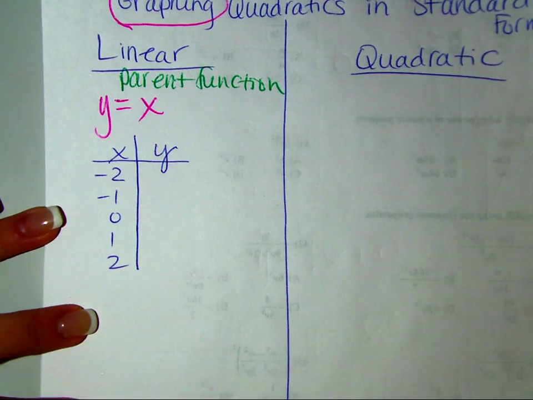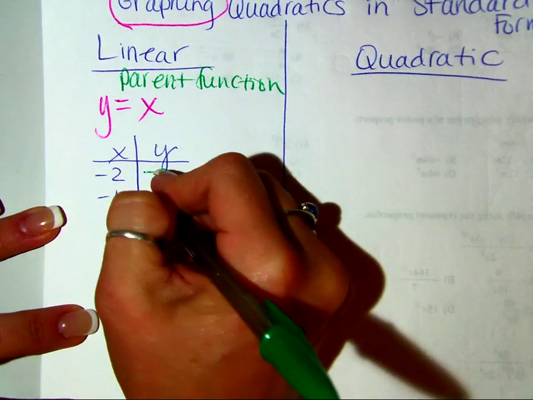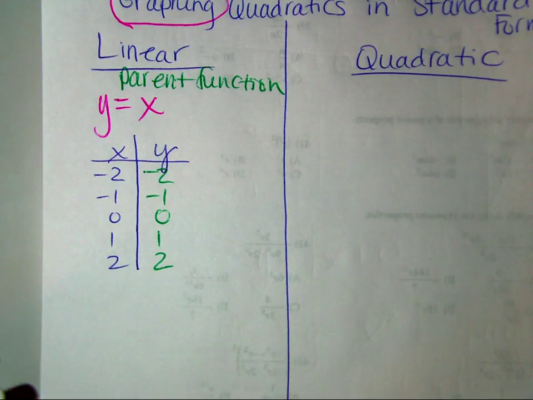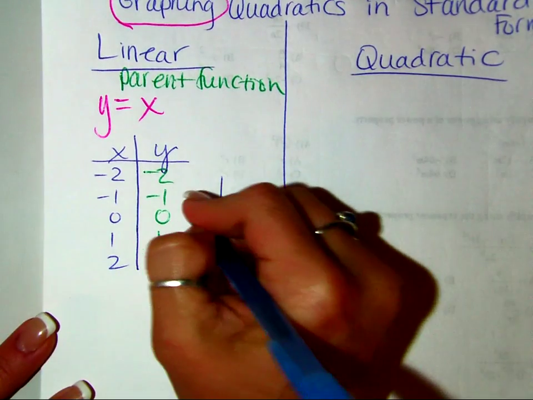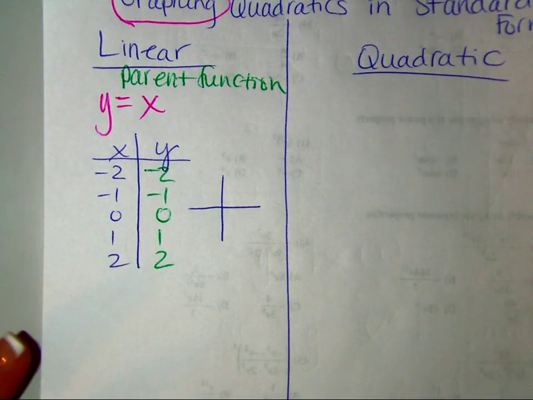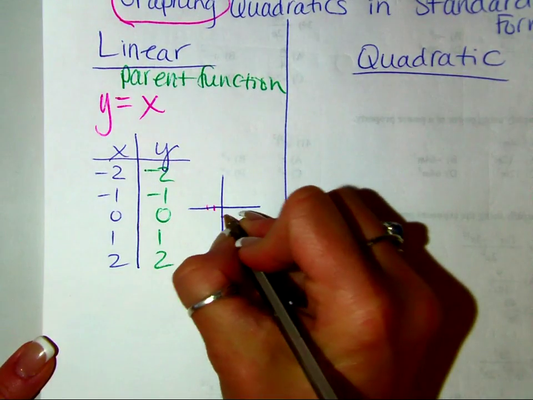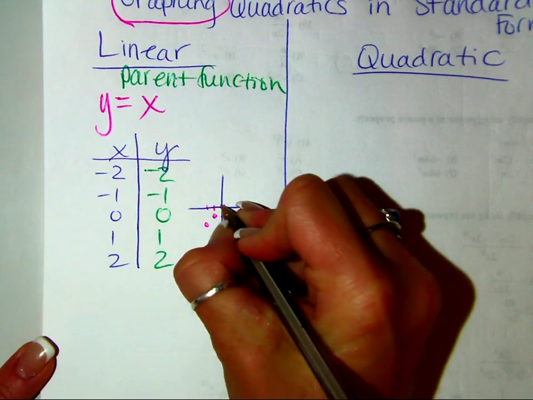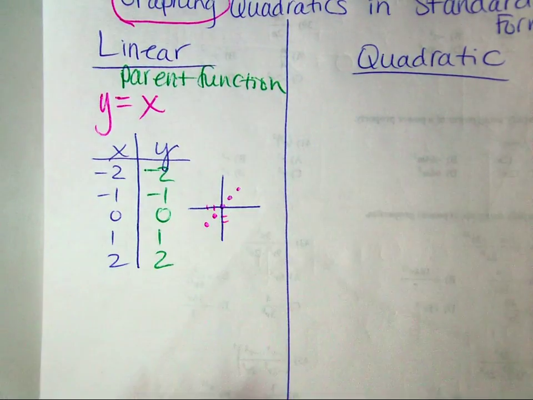So you basically just say, well, if x is -2, then so is y. If x is -1, if x is 1, and that actually is pretty simple. So I want to see what this does. If I graph -2, -2, I'm here, -1, -1, 0, 0, 1, 1, and go, and so on.